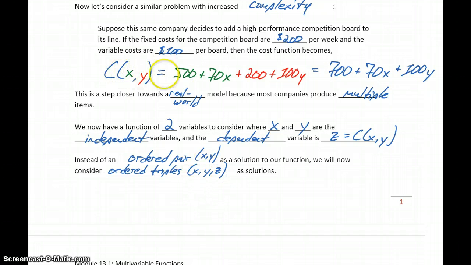So for a solution, any value for our cost equation, we're going to plug in a value for x and y and get a resulting value for z. So our solutions will be ordered triples, x, y, z. Or similarly, we could represent that as x, comma, y, comma, f of x, y. So either some function notation or just z by itself.